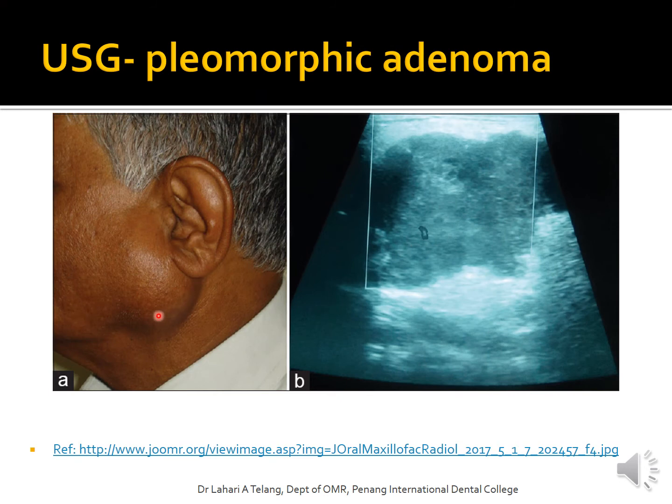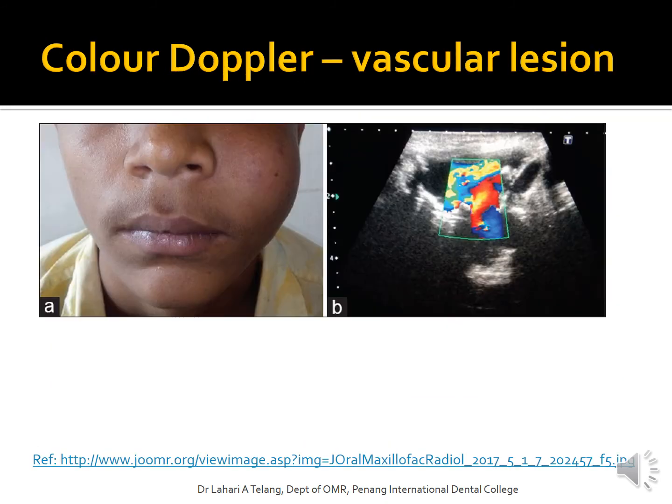You can see the swelling of the patient here, and that's how ultrasonography enables us to visualize the parotid gland and the presence of a tumor. This is color Doppler ultrasonography used to visualize a swelling in the maxillofacial region, and the color Doppler helps us to determine this is actually a vascular lesion, and helps us even to understand which is the artery, which is the vein, and how they are intermingling.